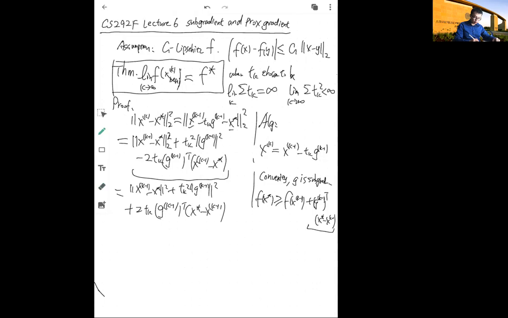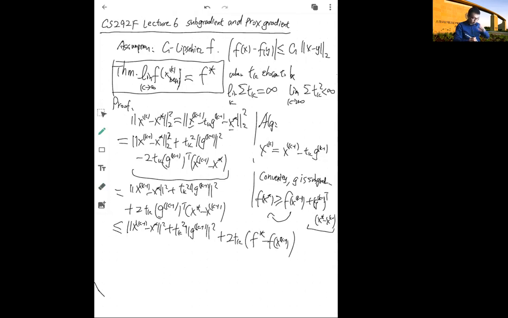If we move this to the other side, that gives us an upper bound. So we can write this as ||x_{k-1} - x star|| squared plus t_k squared ||g_{k-1}|| squared plus 2 t_k (f star minus f(x_{k-1})).